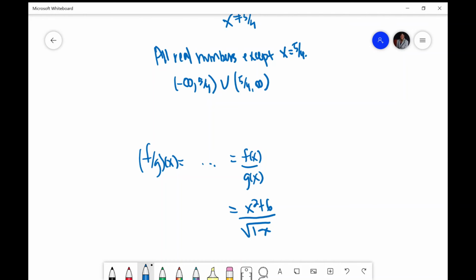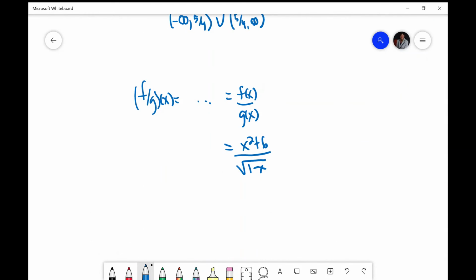Well, notice that this square root is in the denominator, so we definitely don't want x to equal something that will cause it to be 0. And that's kind of obvious what it is, because it's just 1 minus x. It's obvious that we don't want x to equal 1, because that would make the denominator equal 0.